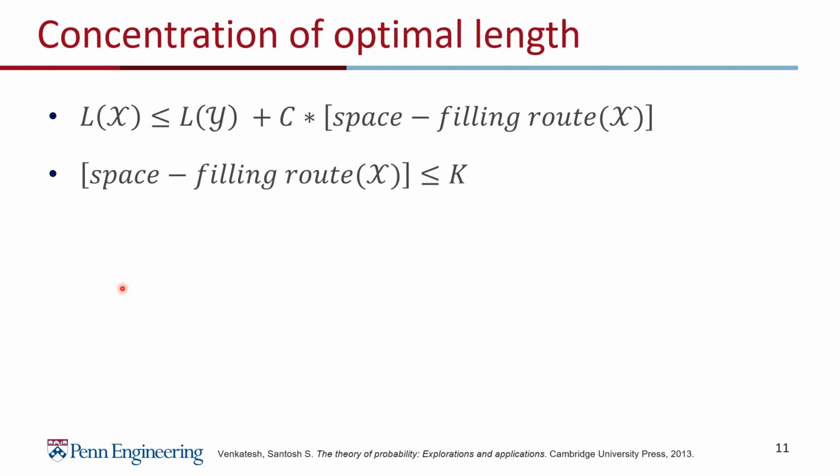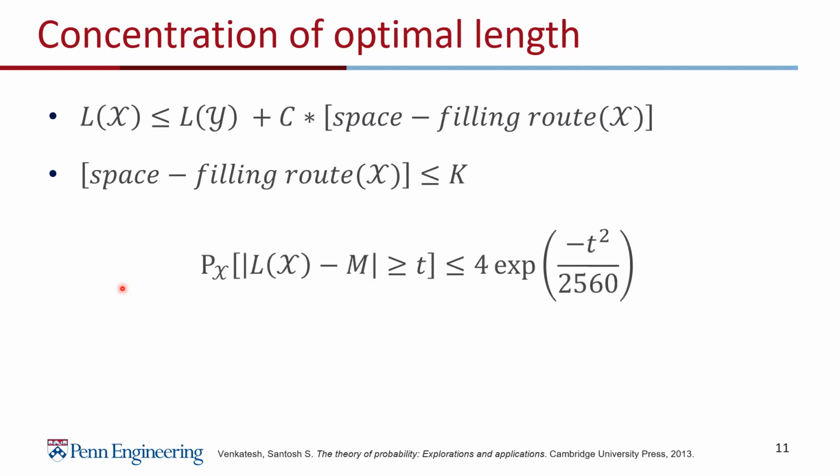I'm going to skip a lot of details here. But from here, you can basically prove this concentration type of inequality, which says that, let's say the set of locations in X follows some probability distribution. Then this event is going to occur with high probability.